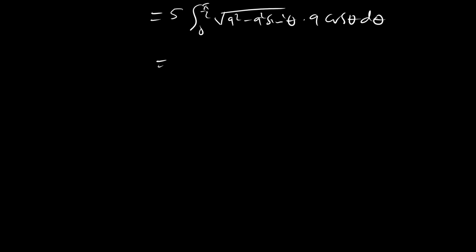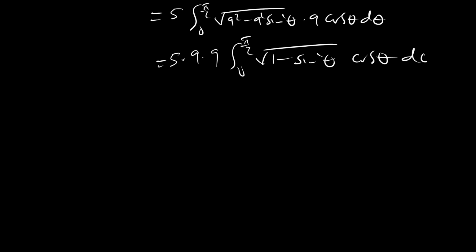So since our problem had come to a point where we had 0 to pi over 2 integral of 9 squared sine squared theta, 9 cosine theta, we can pull out the two 9's, so we have 5 times 9 times 9, 0 to pi over 2, square root of 1 minus sine squared theta times cosine theta. 1 minus sine squared theta is cosine squared theta, square root, we get cosine theta.